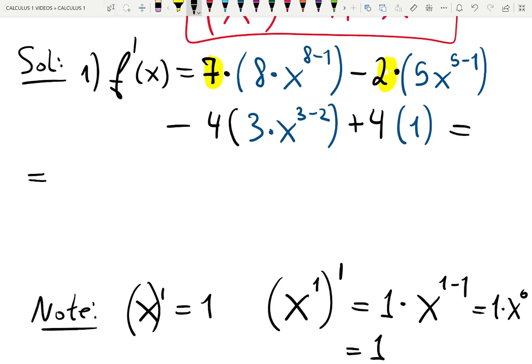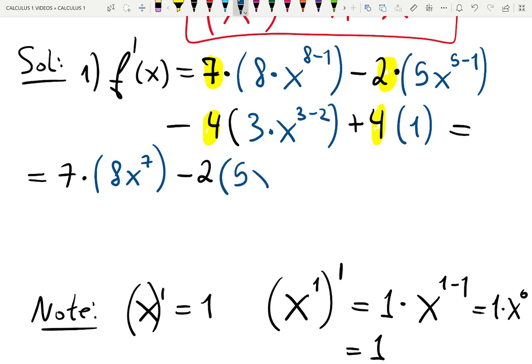Now, let's simplify the powers first. 7 is multiplied, and I will color code for you again so that you can see the formula really well. X to the 8 became 8x to the 7. Minus 2. X to the 5 is now 5x to the 4. Minus 4.